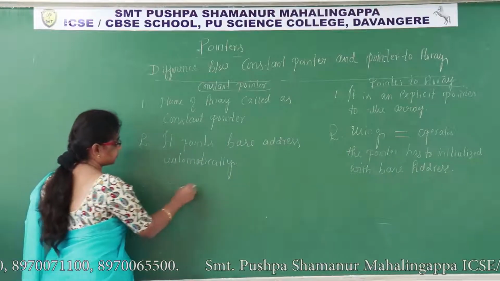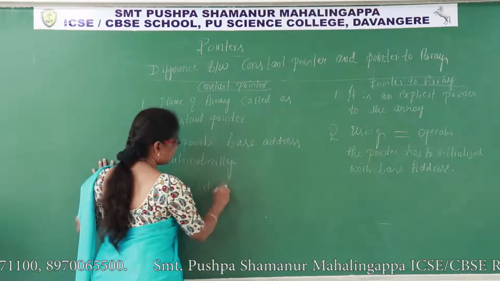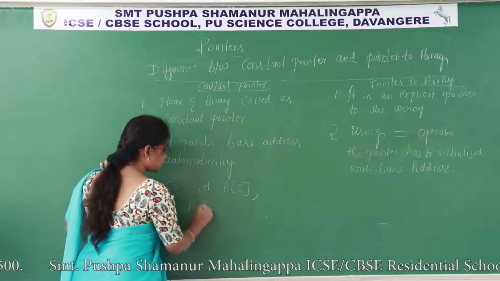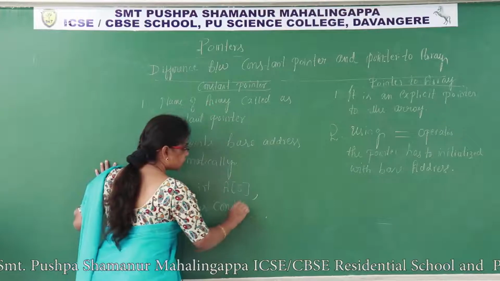Example: int A[5], A is a constant pointer.